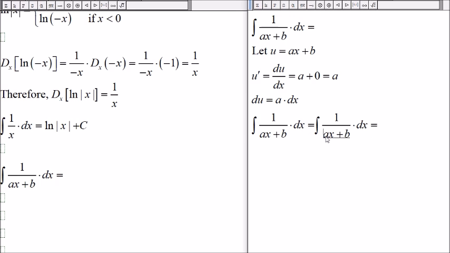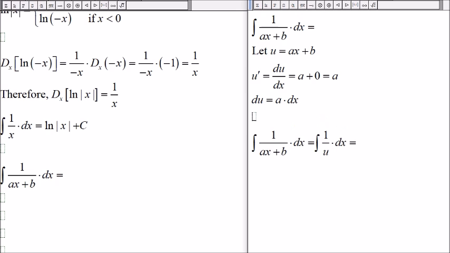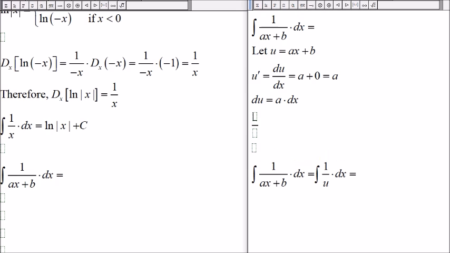So ax plus b, we call this u. And then here we have dx. And so we need to write dx in terms of du. But here we have a dx, and so what we need to do is go ahead and get rid of the a, so we can multiply both sides by 1 over a. And this will give us dx.